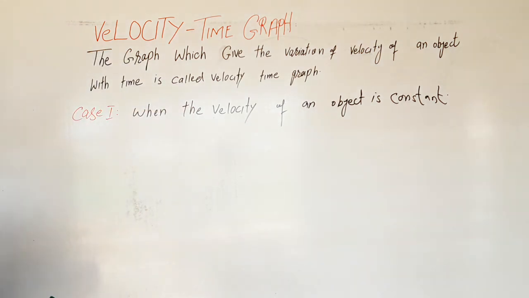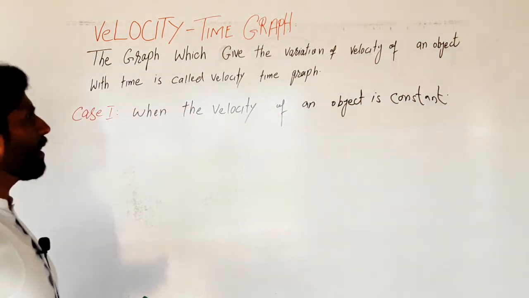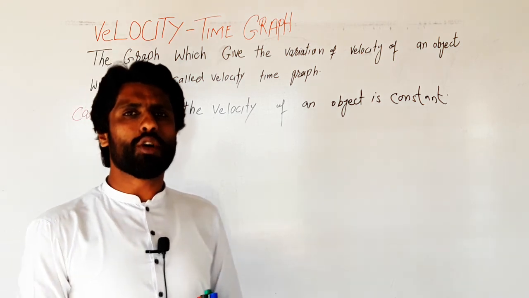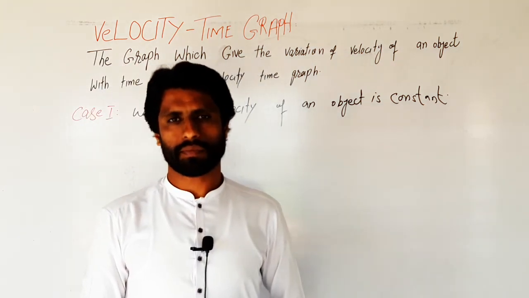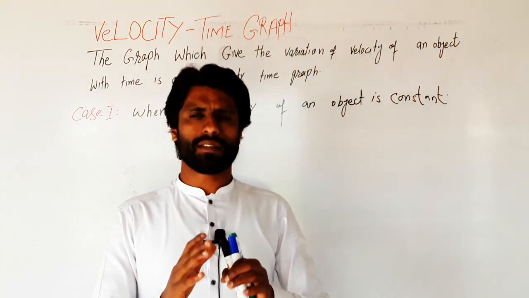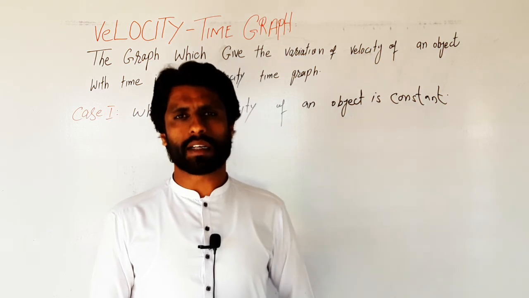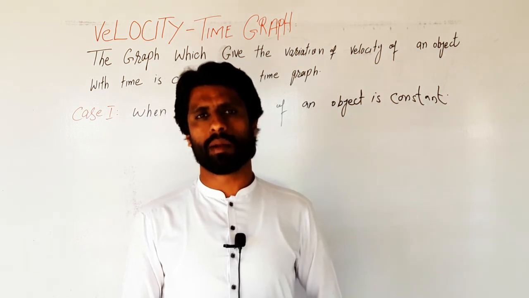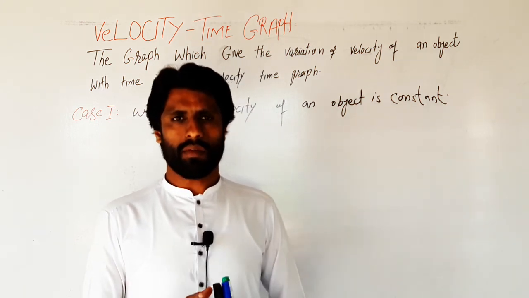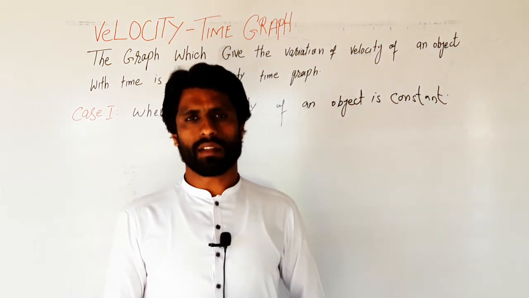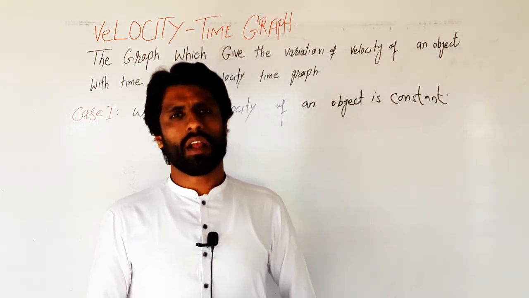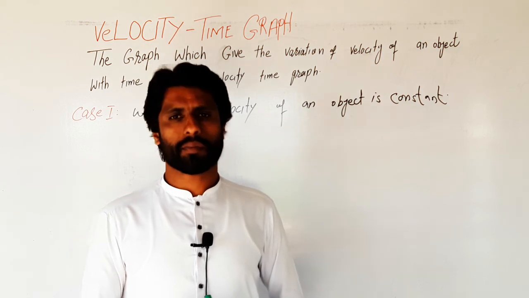When the velocity of an object is constant, it means there is no variation in velocity. Equal displacement is covered in equal intervals of time. In this condition, the velocity is known as constant velocity.